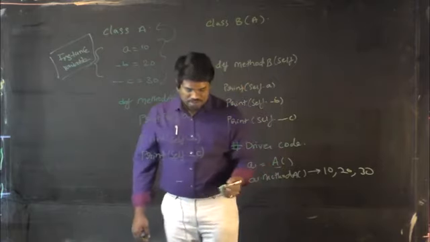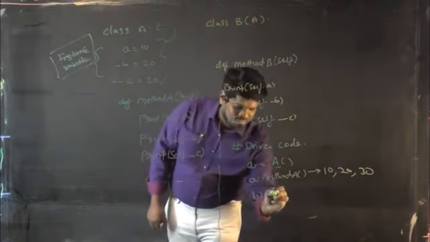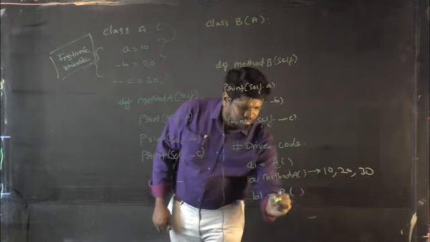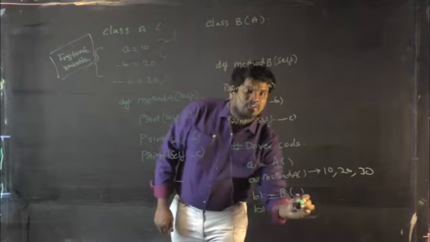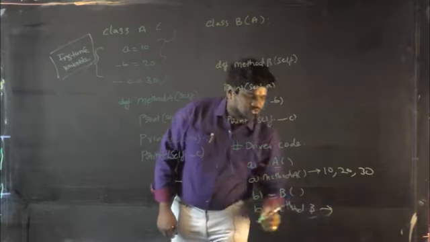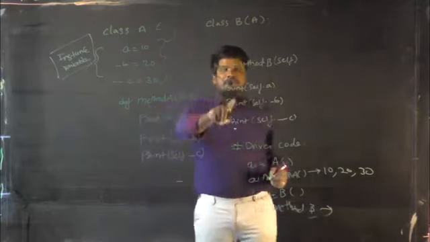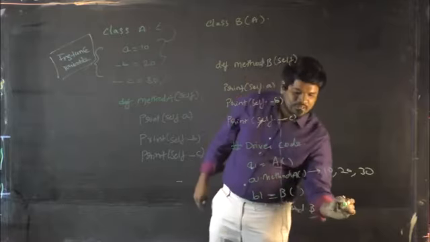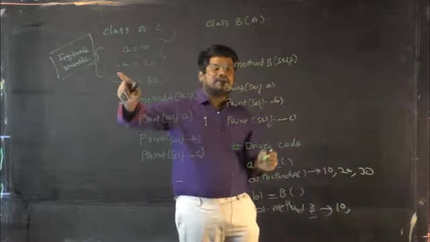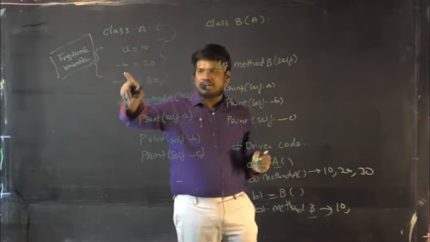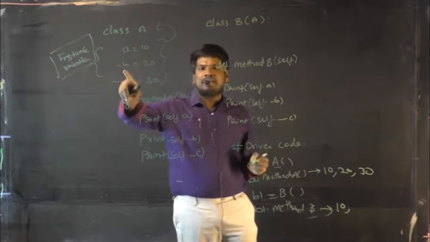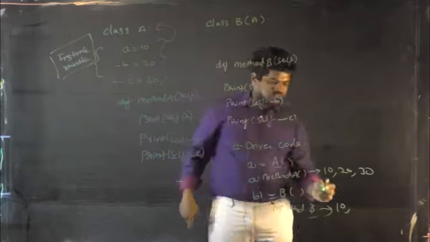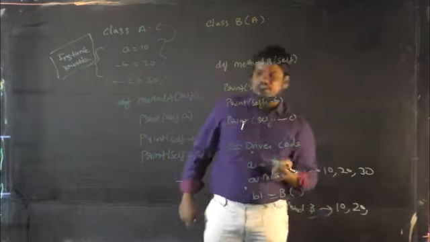Next I'll create the object of the B class. B1 is equal to B, and next B1 dot method of B. So B1 dot method of B, print of self dot A, will give me 10 as an answer. Since it is a protected identifier, a protected variable can be accessed within the class, so next I will get an answer of 20.